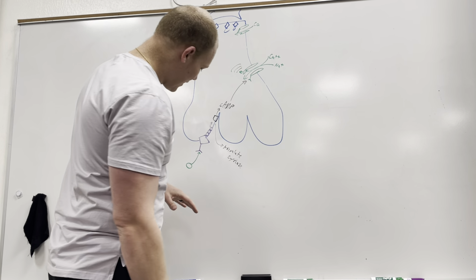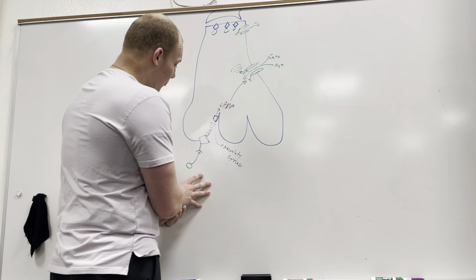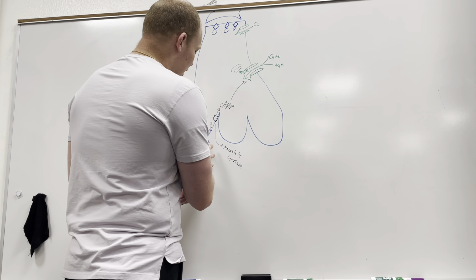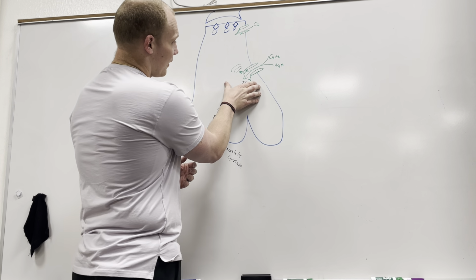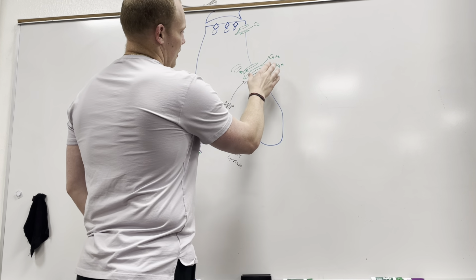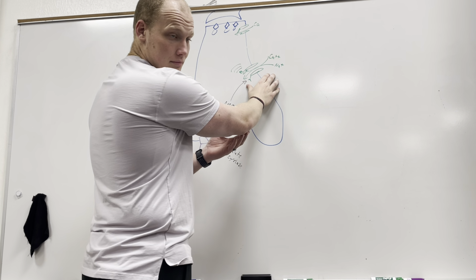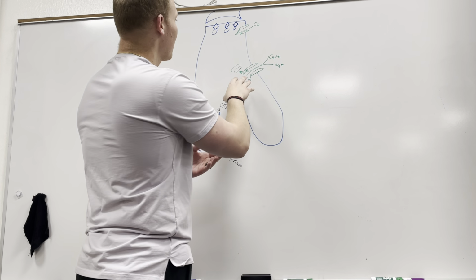We get some sort of chemical that binds to a G protein. That G protein activates adenylate cyclase. cAMP then activates this cationic channel, allowing calcium and sodium in.